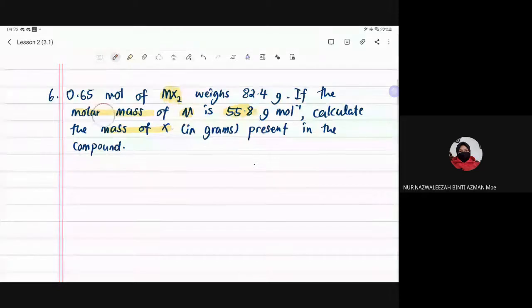Dia juga bagi molar mass of M. From there, we can find the molar mass of X. And then, kalau kita dah ada molar mass of X, kita tahu bilangan mole dia berapa, kita boleh cari dia punya mass dia. Okay, so try to do this now. This might take you a bit longer, so I give you 6 minutes. Okay, so 9.29. Kita akan discuss semula.